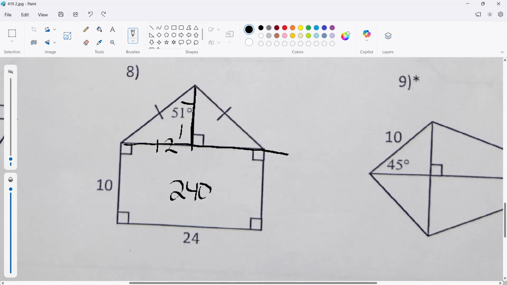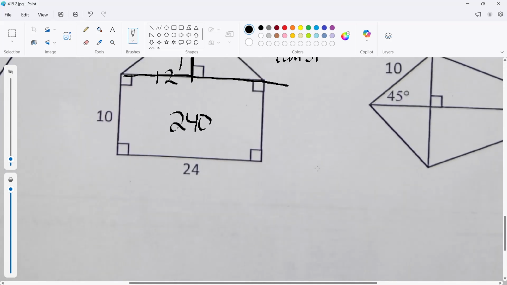I don't have the hypotenuse. Tangent, TOA: tangent of 51 degrees equals 12 divided by the adjacent, the height. So I multiply both sides by height, divide both sides by tangent 51. Height equals 12 divided by tangent 51 degrees.